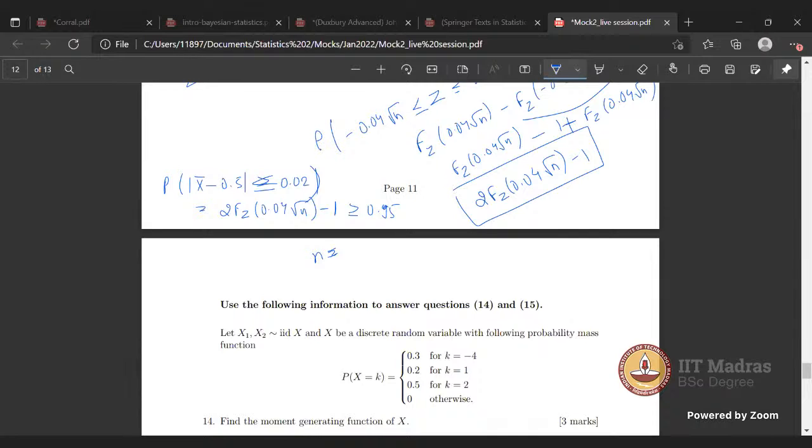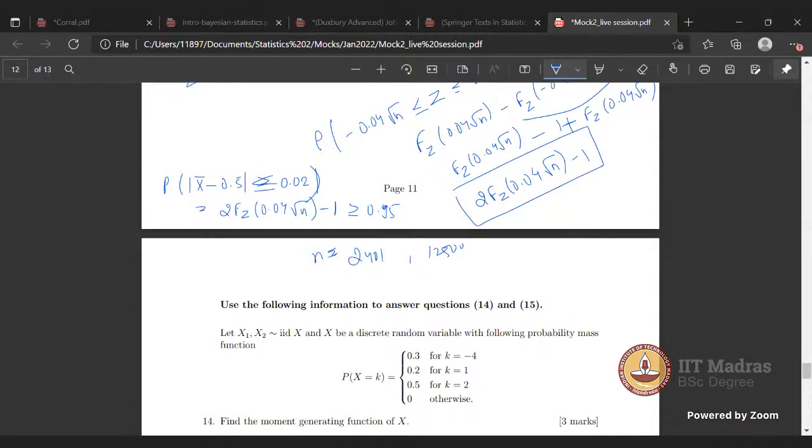Is that all right? Yeah, ma'am. Okay. I think it's 2401. Yeah, and the previous one we had 12500. So in this case we need a smaller sample to get the same result.